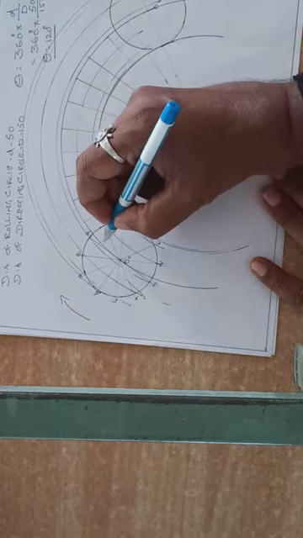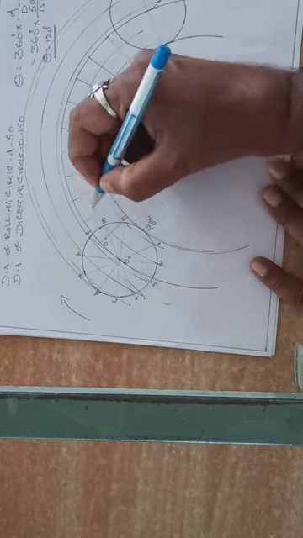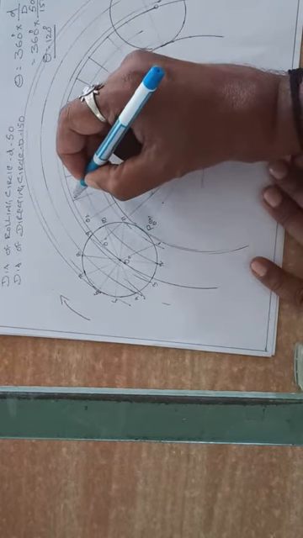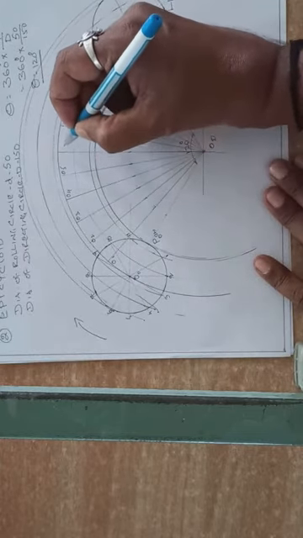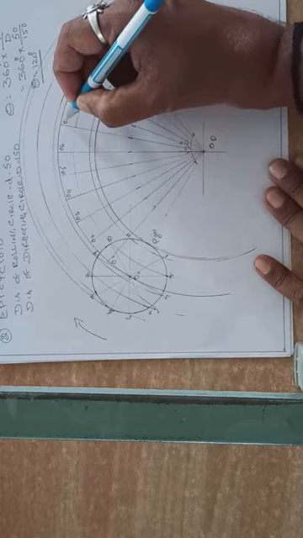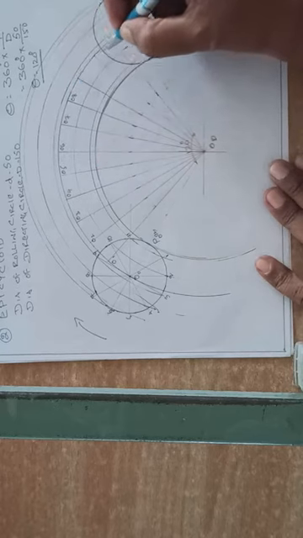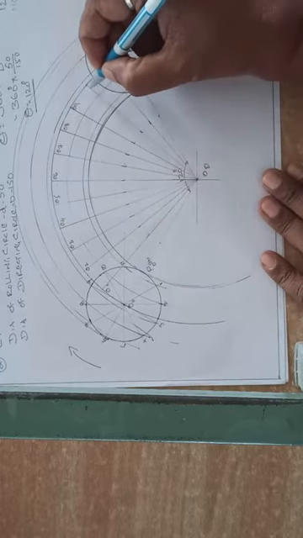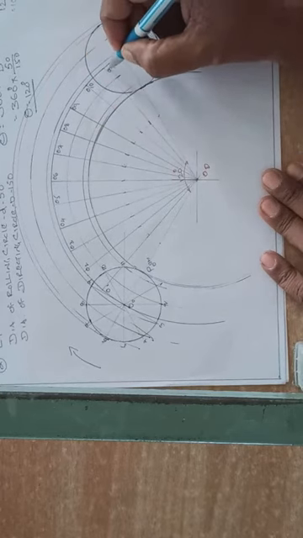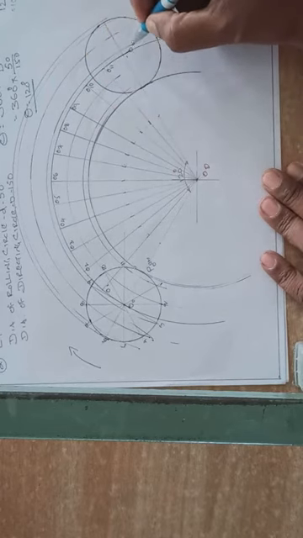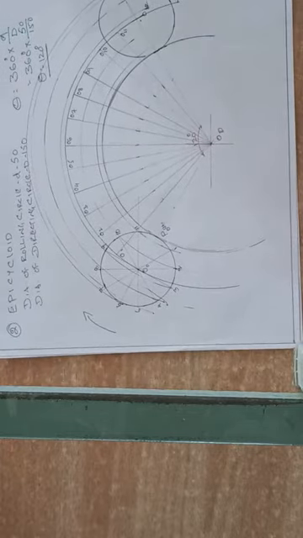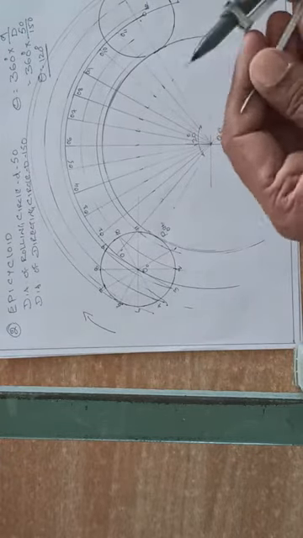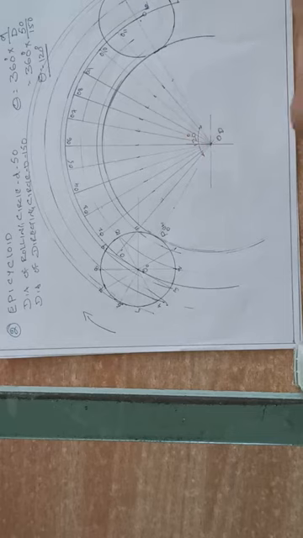Now these points you can mark as O1, O2, O3, O4, O5, O6, O7, O8, O9, O10, O11, then the final one O12.